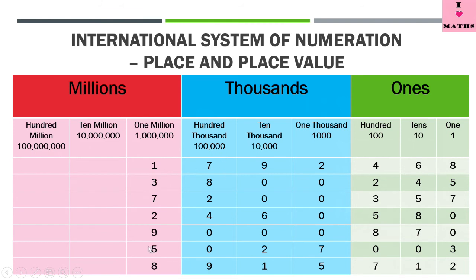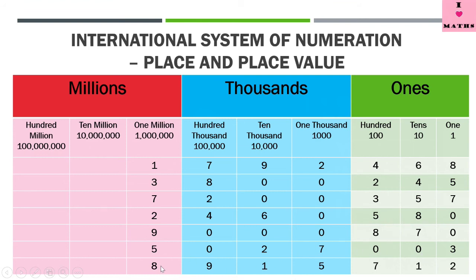So I read it like this: 5,027,003. There was nothing at the hundreds place and there was nothing at the tens place, so I just skipped saying these places altogether.